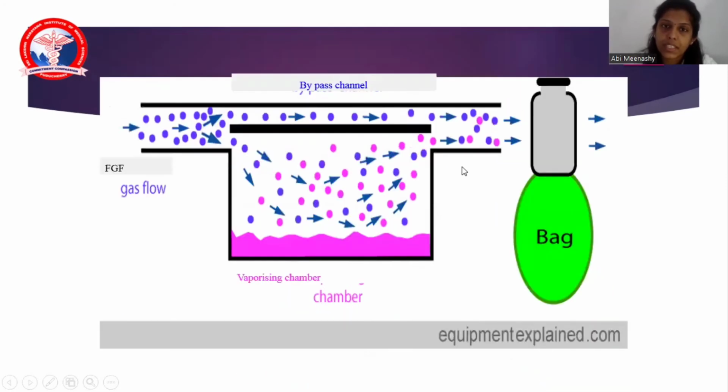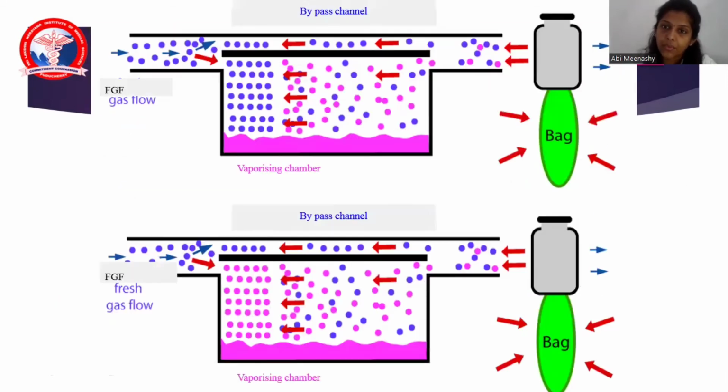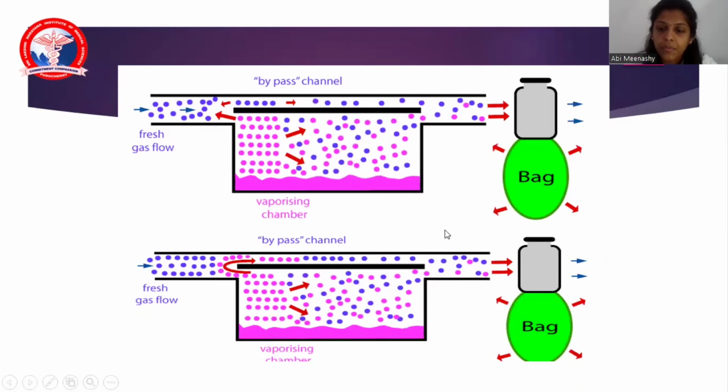I will explain once again. In pumping effect, you are bagging the patient. This back pressure goes back to the anesthesia machine, goes back to your vaporizer, or the gas that is already saturated with your anesthetic agent goes back inside your vaporizing chamber, gets saturated once again, and then comes out in a higher concentration.